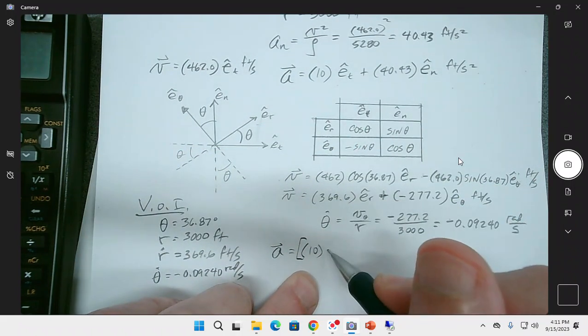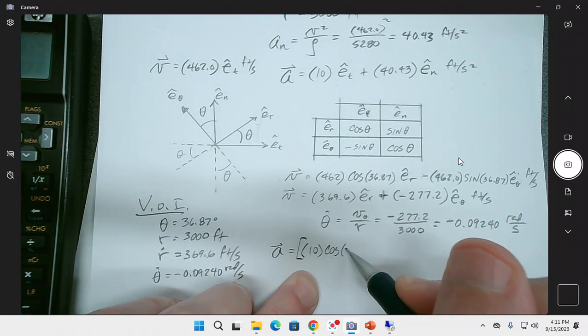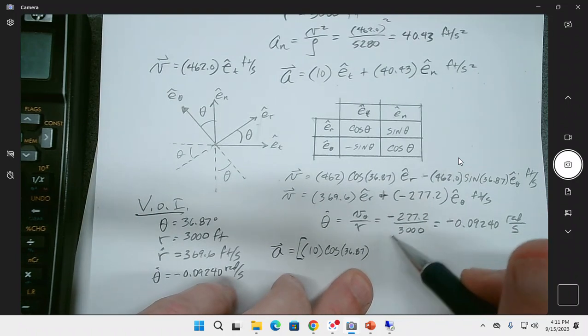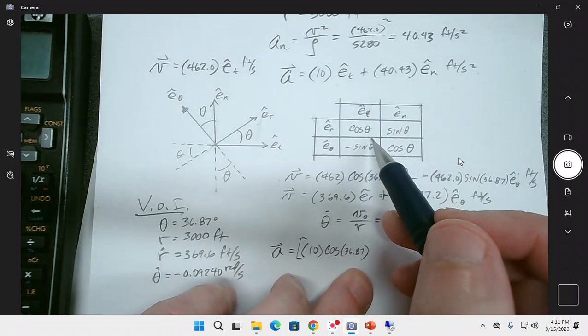I say we got 10 times the cosine of 36.87. Much easier to do the other way.